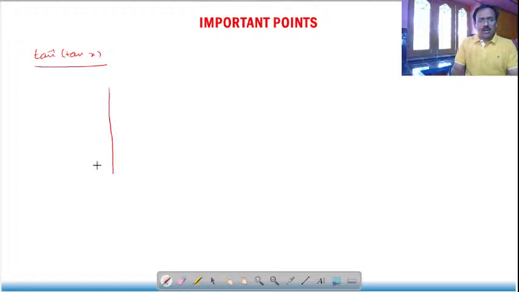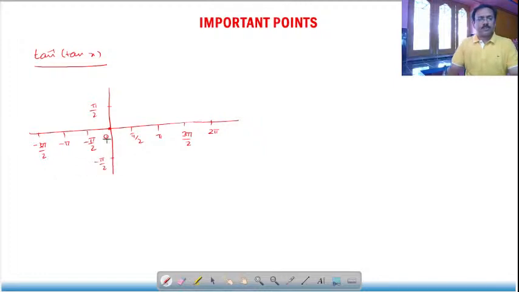For that, here also, like sine inverse of sine x, you can put 0, pi by 2, pi, 3 pi by 2, 2 pi. In the same way, minus pi by 2, minus pi, minus 3 pi by 2, like this. Here also you put pi by 2, minus pi by 2. So friends, here the graph will be, let me take a different color.